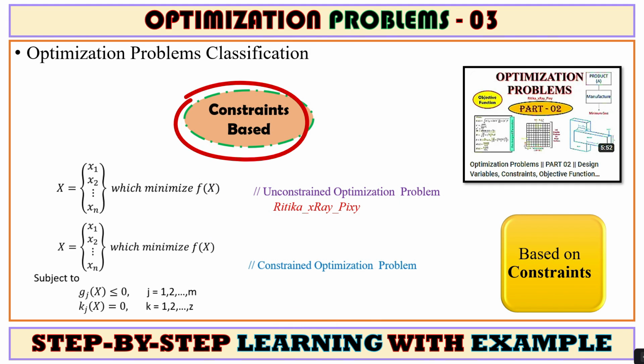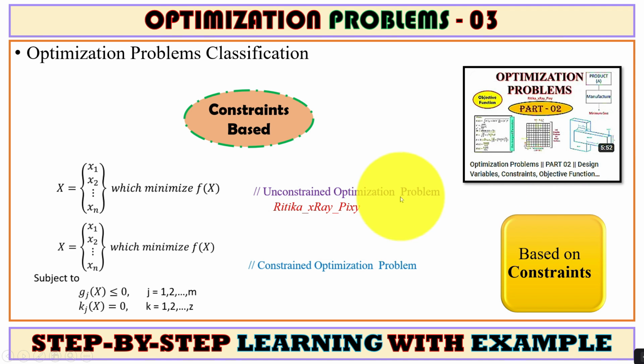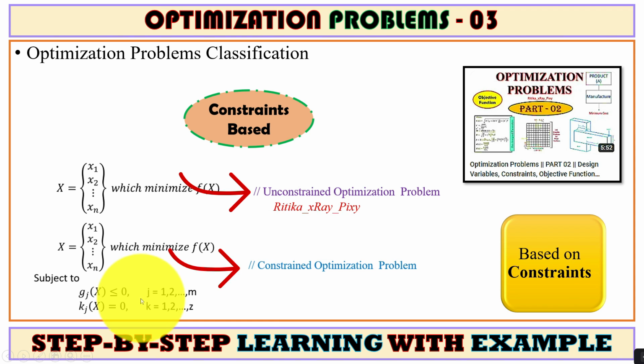First, we have optimization problems classification based on constraints. As we already discussed in previous video about constraints and unconstraints for optimization problems, we can classify any optimization problem using constraints and unconstraints. It depends whether constraints exist for any optimization problem or not.